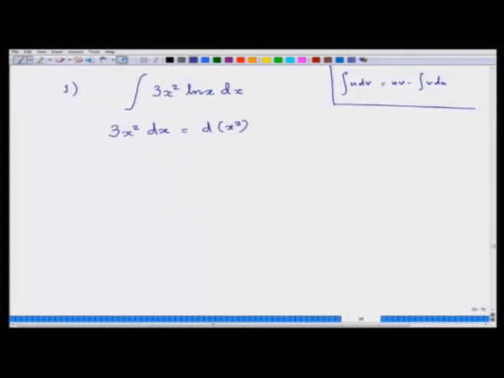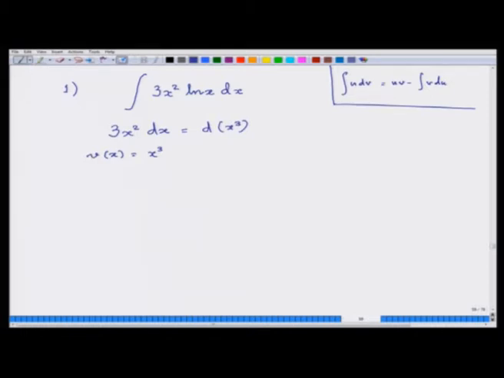So, once you have this, you know that my choice of v is now known. So, my v must be this one. So, my v(x) is equal to x cube. So, if my v(x) is equal to x cube, I have u dv. So, I have 3x square dx as my dv.